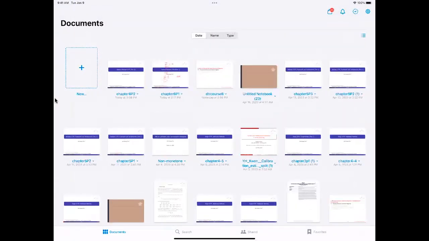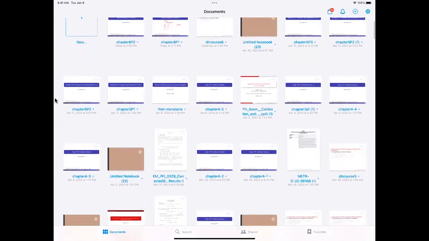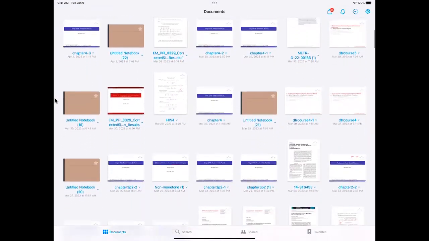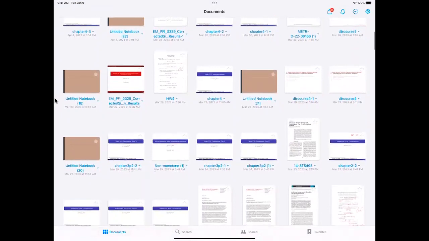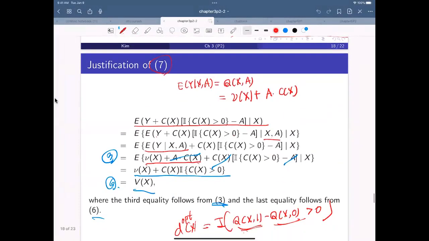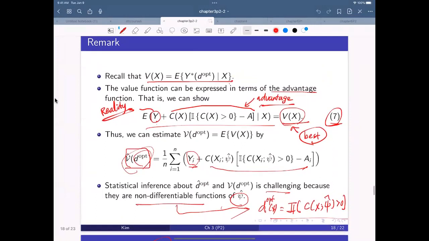So to prove it, this is basically the same proof as in the chapter. What is the 7, by the way? The value function. So this is the K equal 1 case, right? This is the current Y, right? This is the optimal decision, and this is the current decision, right?